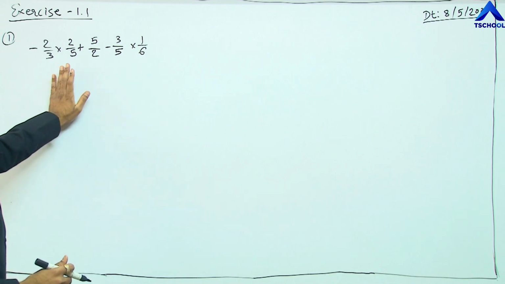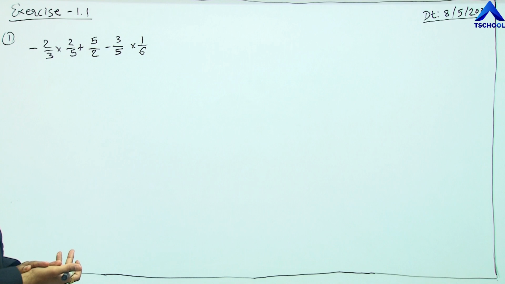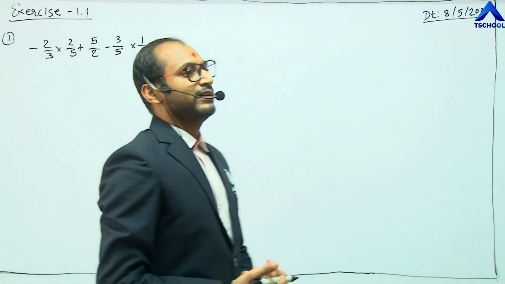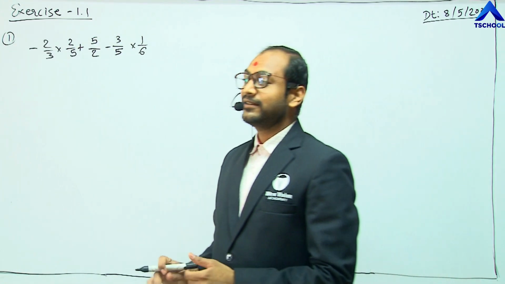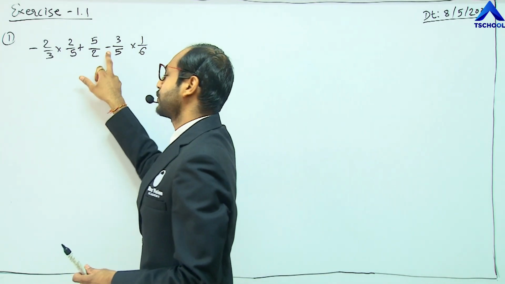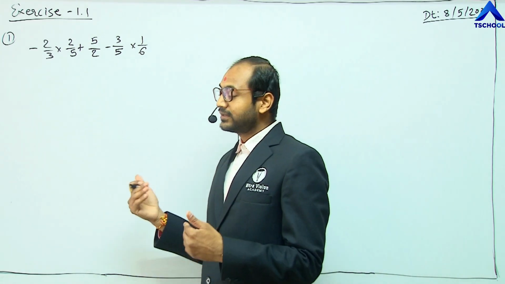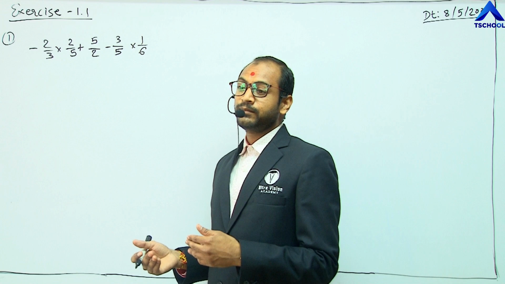Now here, how can we solve this sum? We know that all signs are combined together: multiplication, addition, subtraction, multiplication. So which operation can we do first?